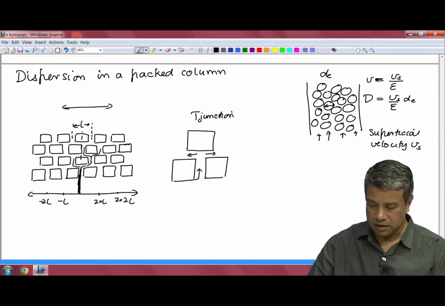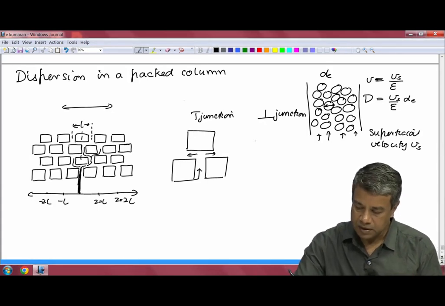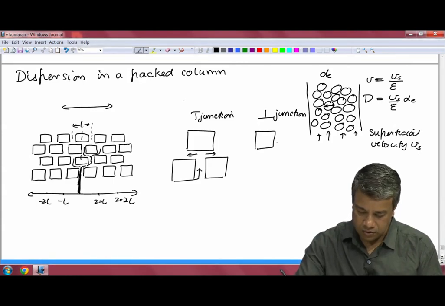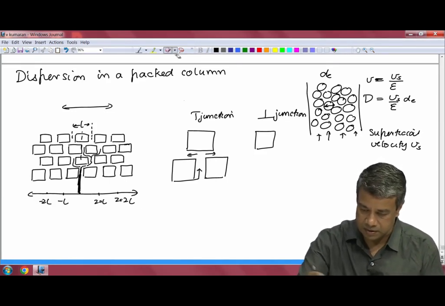And then at the perpendicular junction, you have two streams that are merging together at each perpendicular junction.